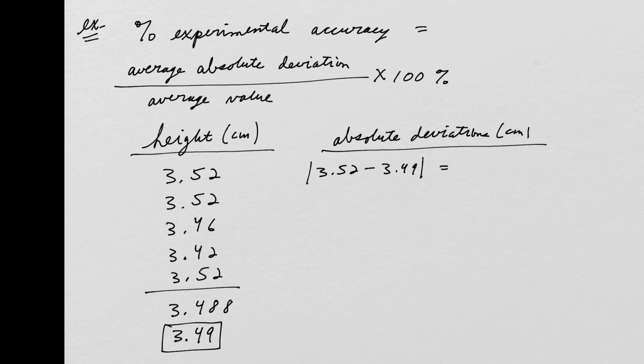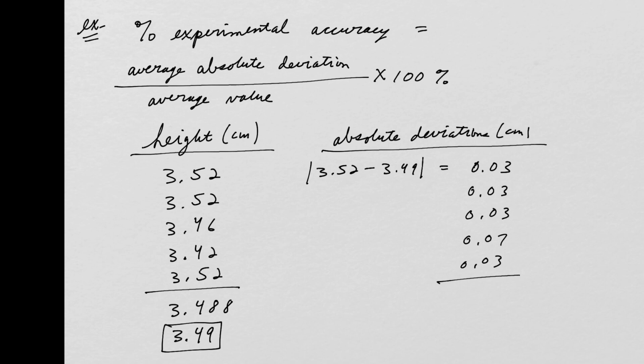So 3.52 minus 3.49 is 0.03, and the absolute value of that is 0.03, right? And a lot of these you can do in your head. You can just say, well, how far away is that from my average? And you're going to find that this one is 0.03. Let's see, this one is 0.03 as well. It's below, but remember it's absolute value. Then this is 0.07, and this is 0.03. Okay, then I average my absolute deviations.